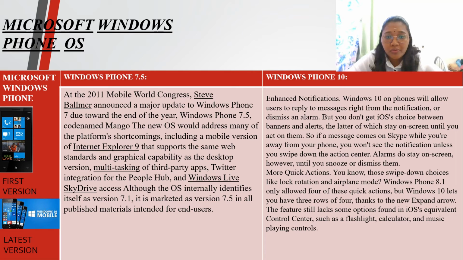Windows Phone 7.5, codenamed Mango, the new OS, will address many of the platform's shortcomings, including a mobile version of Internet Explorer 9 that supports the same web standards and graphical capability as the desktop version, multitasking of third-party apps, Twitter integration for the People Hub, and Windows Live SkyDrive access.